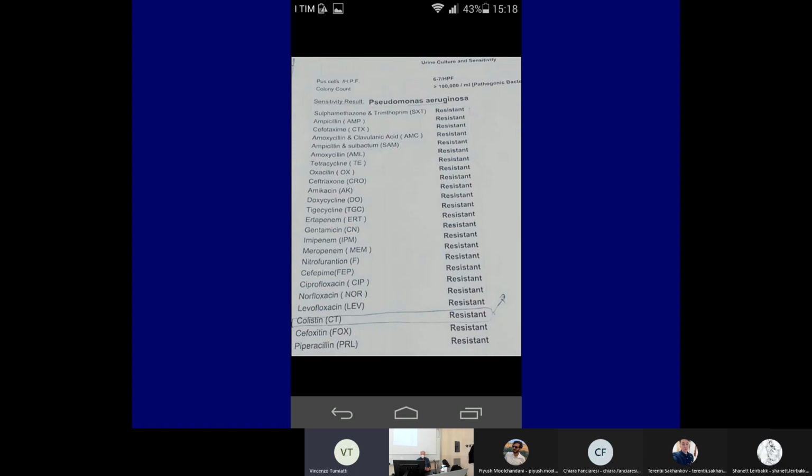We can try to associate 2 or 3 or 4 different antibiotics at the same time. But you can understand, it's not an ideal approach. We need to have new antibiotics.